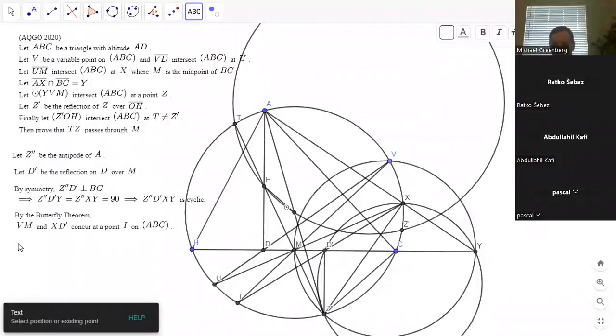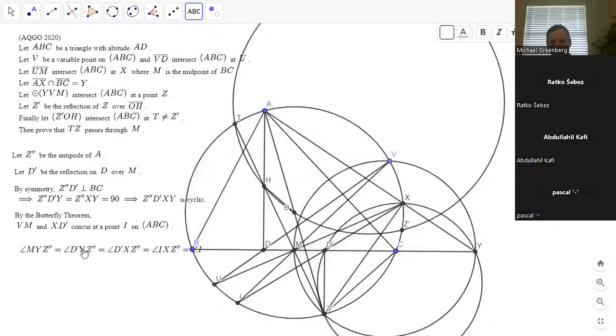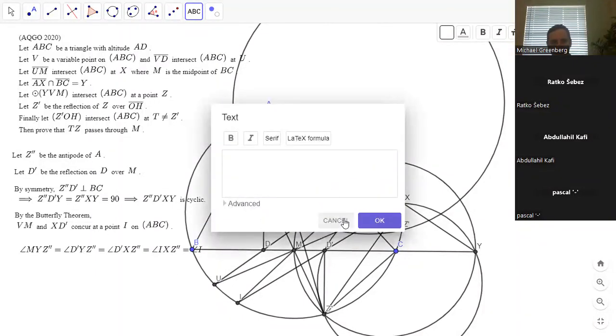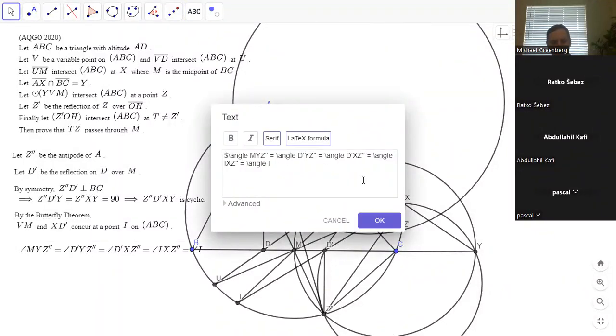So angle D prime XZ double prime is angle IXZ double prime, which is angle IVZ double prime. I'll split this into two lines.